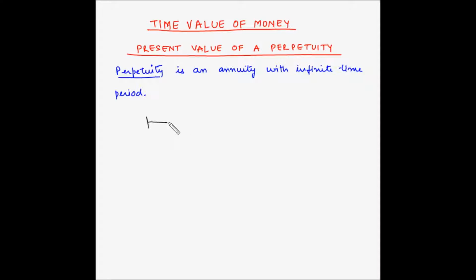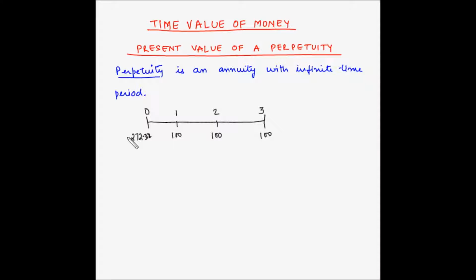So let me draw the time scale. So 0, 1, 2, 3. Now let's say the present value of this annuity is 272.32 rupees and the annuity amount is 100 rupees at the end of each year.